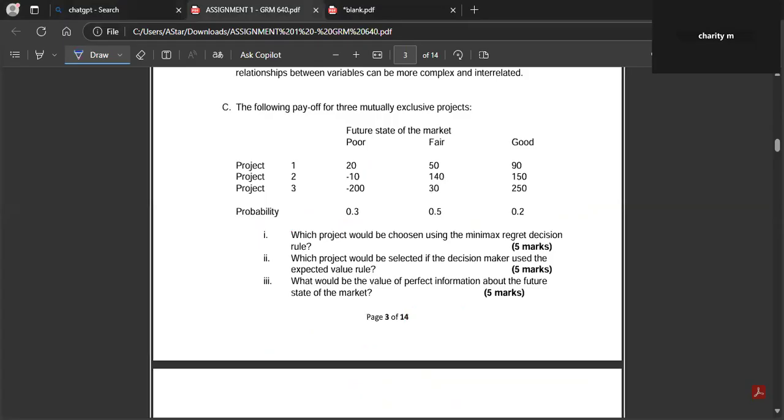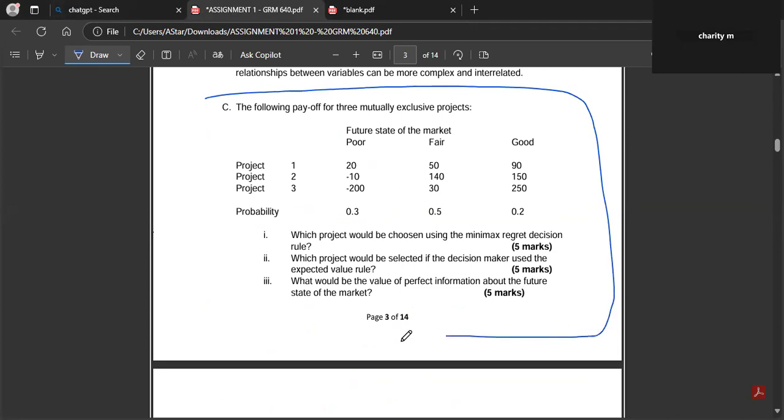We have this question here that says the following pair of, okay, the following pair for 3 mutually exclusive projects. So we have project 1, project 2, project 3. And then we have the future state of the market.